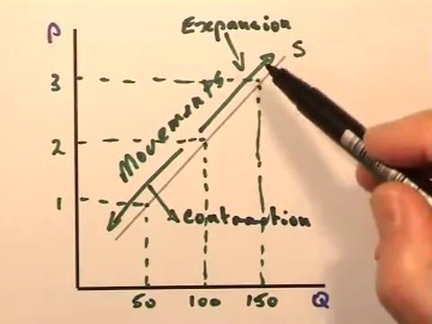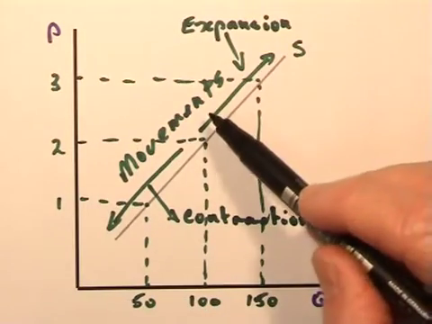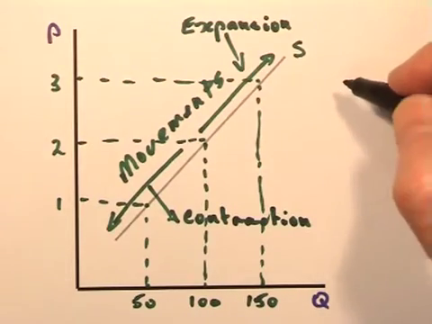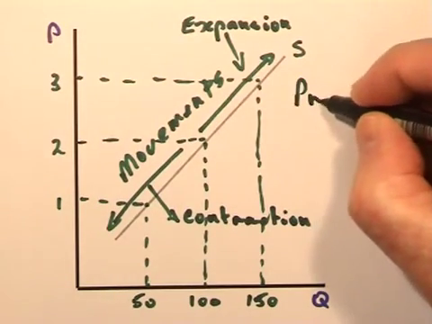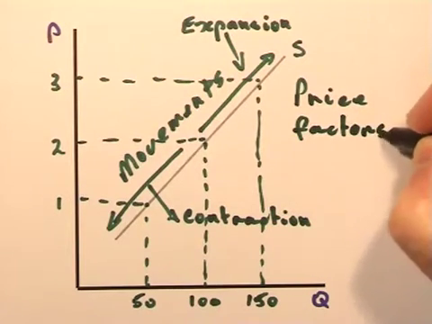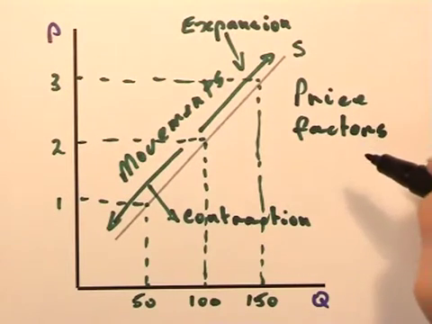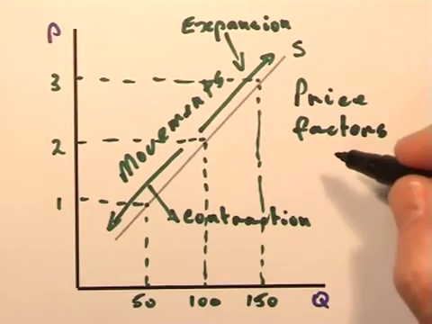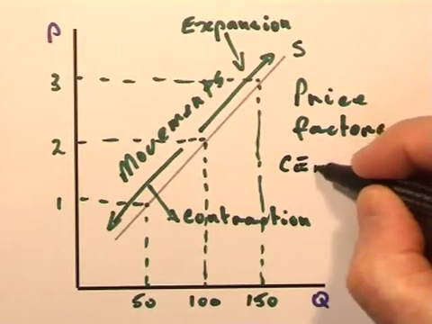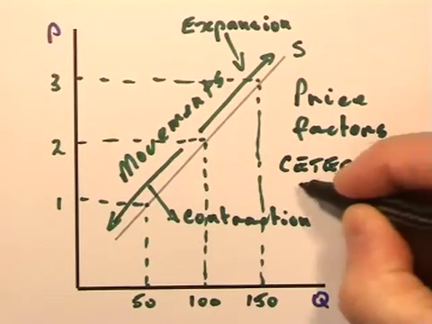And the same for this graph. We know that when we're talking about movements, this relates to price factors only. And I wonder if you can remember what the term was that we used for that. I'm sure if you think carefully, you'll remember that it was ceteris paribus conditions.